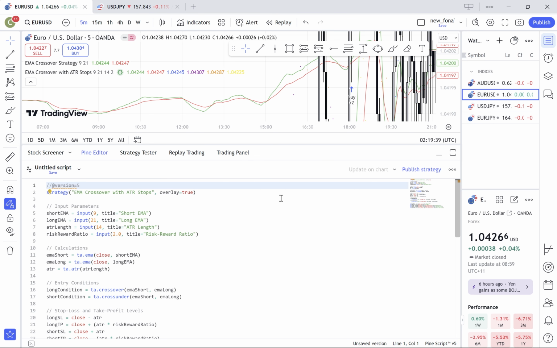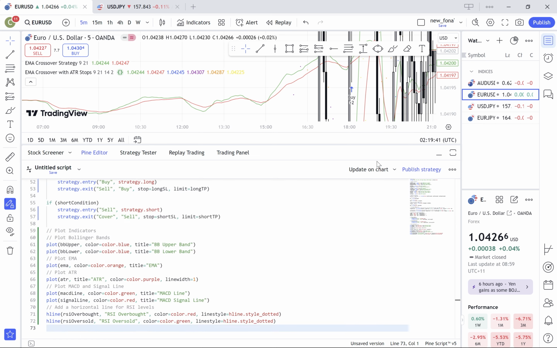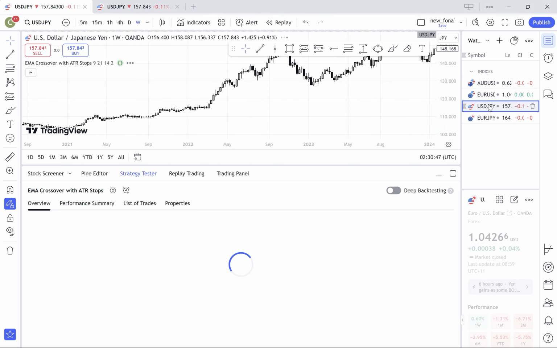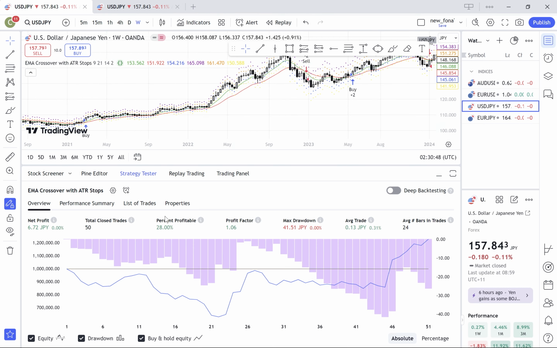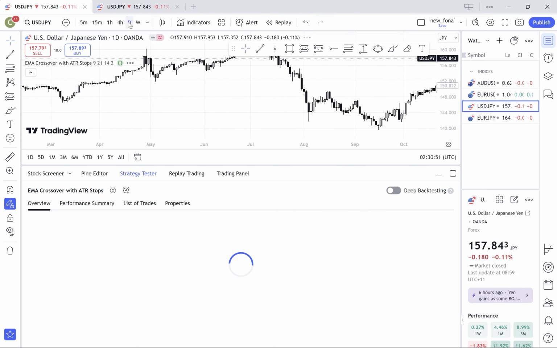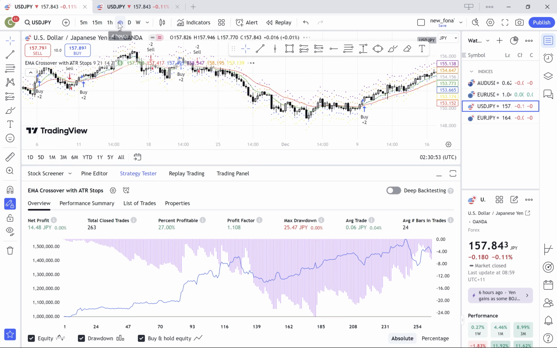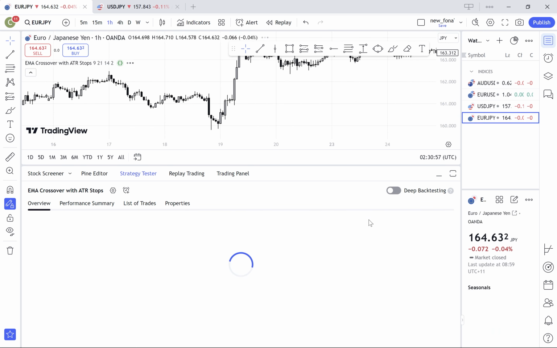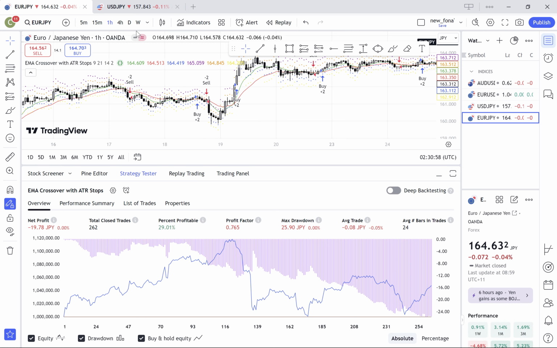Let's copy the code, paste it in here and see update on chart. So I've just tried a lot of Pine scripts and I found that this one was the most profitable. So if I go into USD JPY, as you can see, there is a 28% profitable. The daily time frame is 30.8, the 4-hour time frame it is 27, the 1-hour time frame it is 33, and so on. The EUR JPY, it is a bit even more bad.